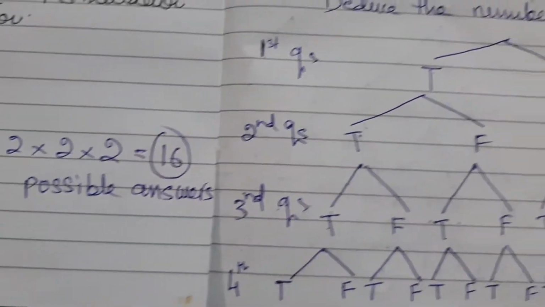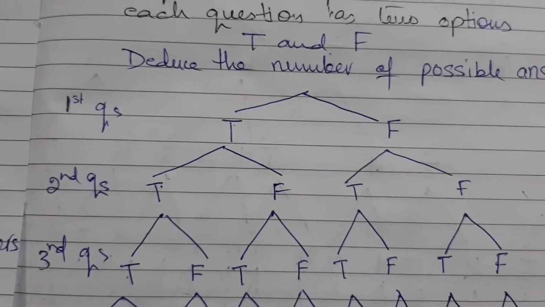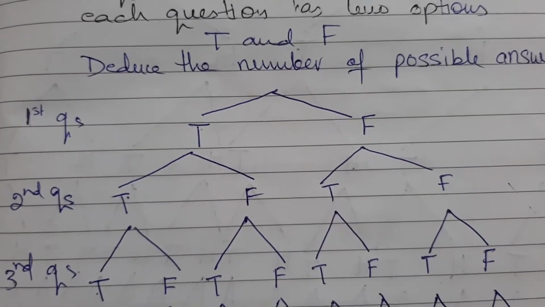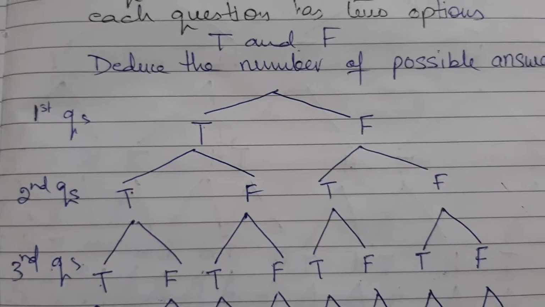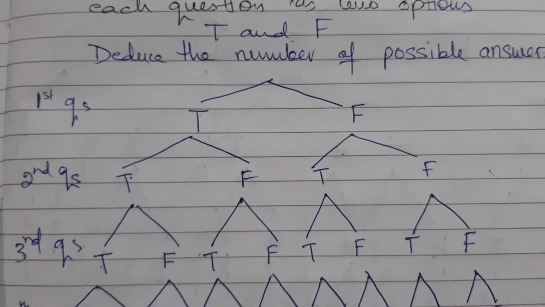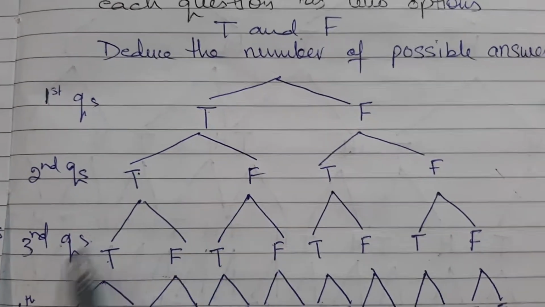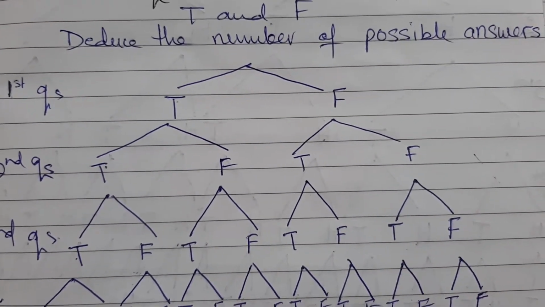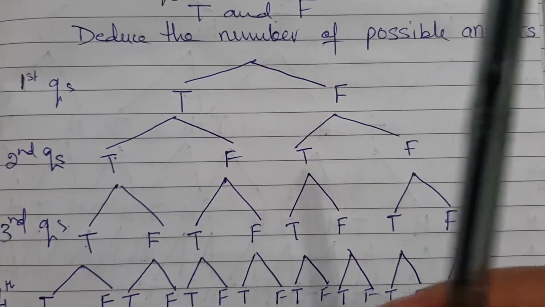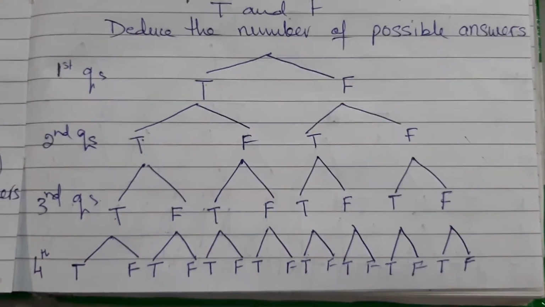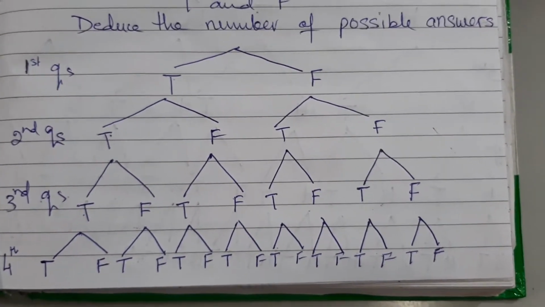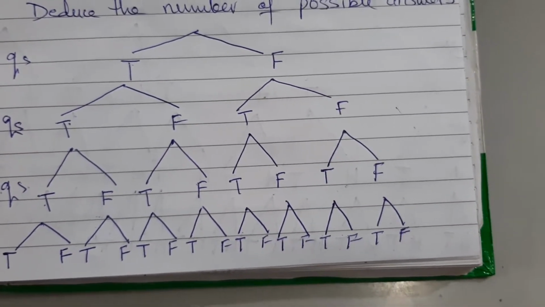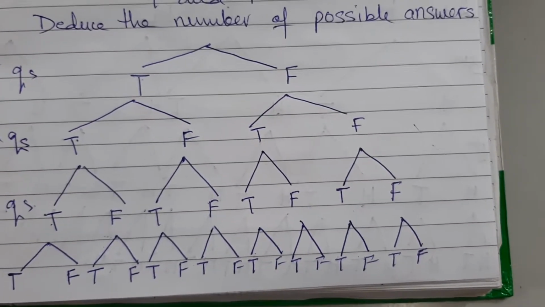Now if I tell you the definition for this, I can say if I consider questions as tasks, I have 4 tasks to perform, and each task can be performed in 2 ways, right? So if I want to find out in how many ways I can answer, I just have to multiply the number of ways of each task.